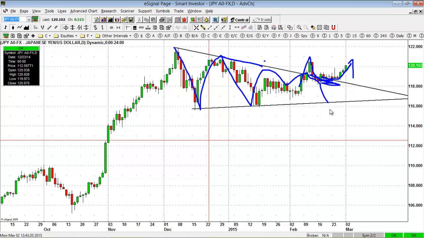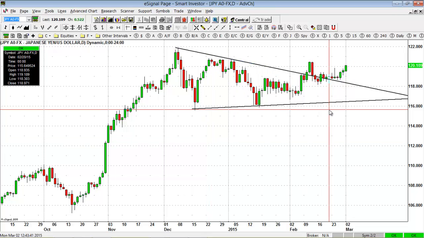And this is a classic example of a triangle break. When the market breaks the triangle, it normally comes back, tests around the area of support, which is the downtrend line. It comes back, tests that area, and then normally, if this test is successful, continues to move up.